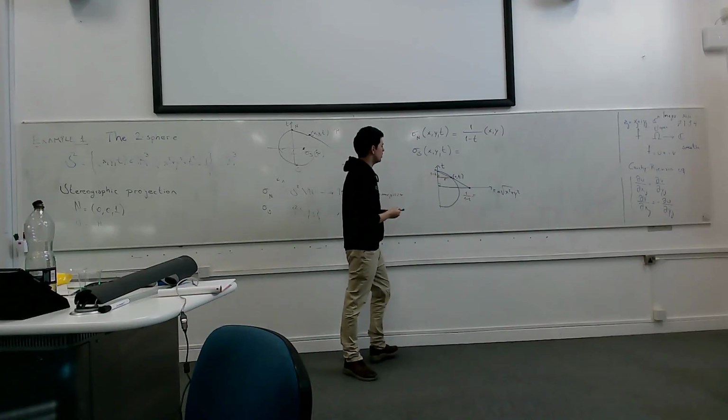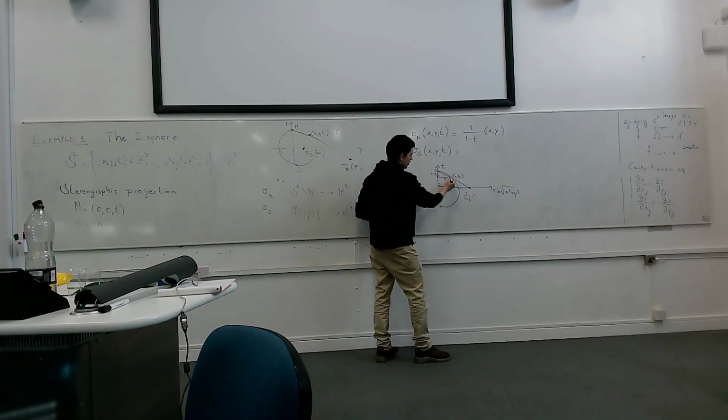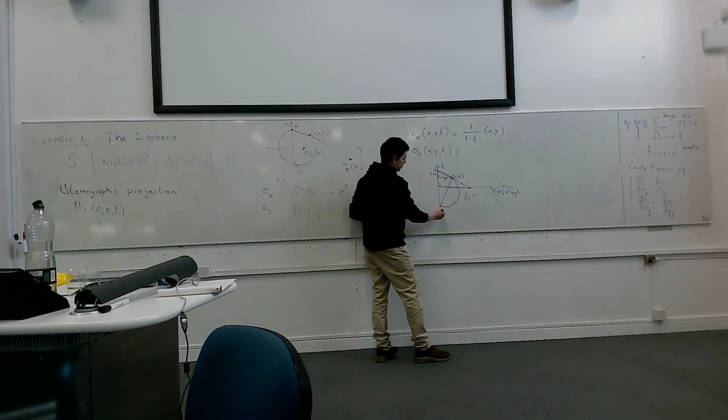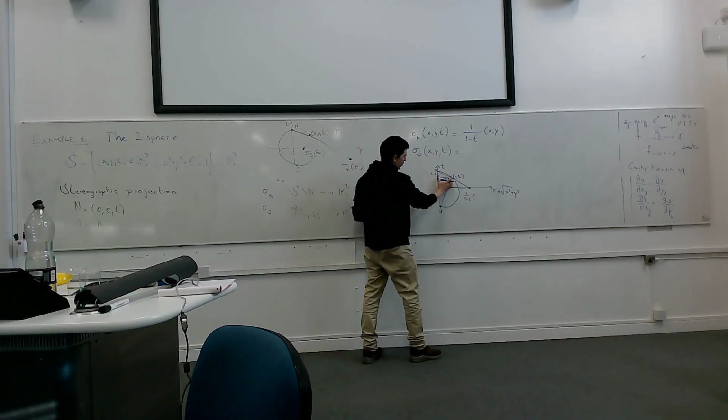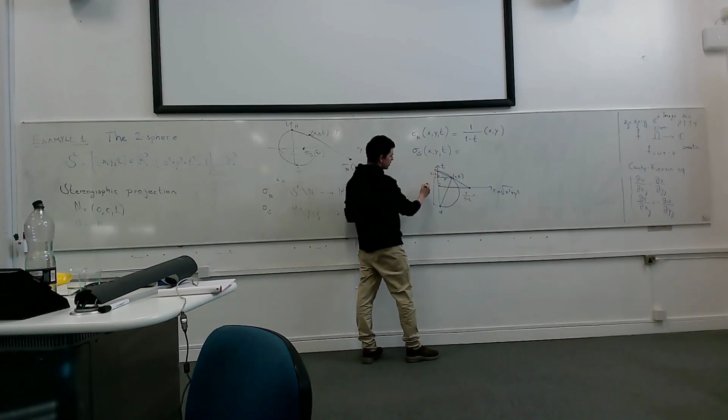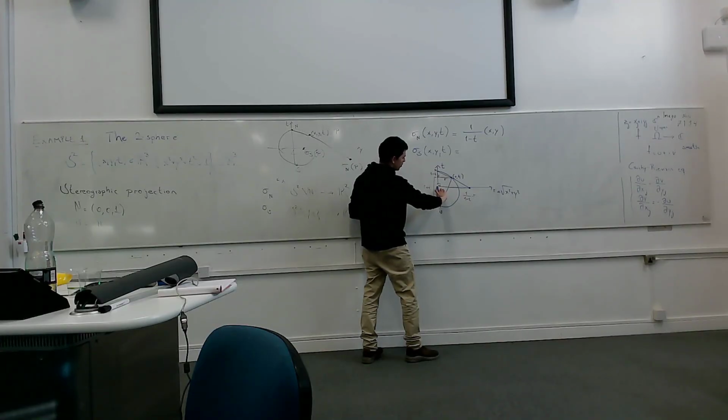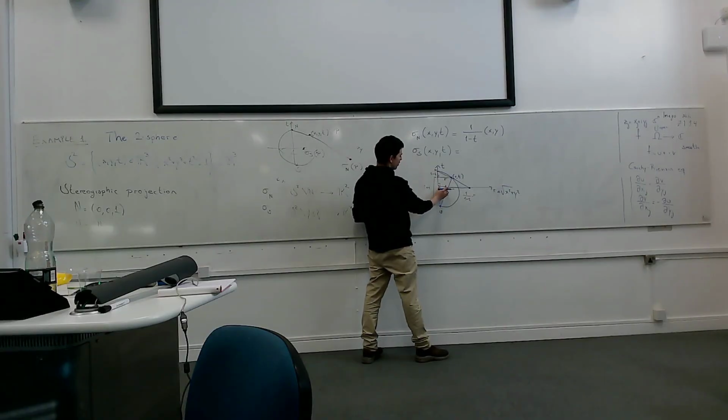And for the South Pole, the only difference now is that again we have the two triangles. But now we have this bigger triangle and the smaller triangle. The long leg of the big triangle is 1 plus t, and then we scale it down to size here, which is 1, and we scale it down by 1 plus t.